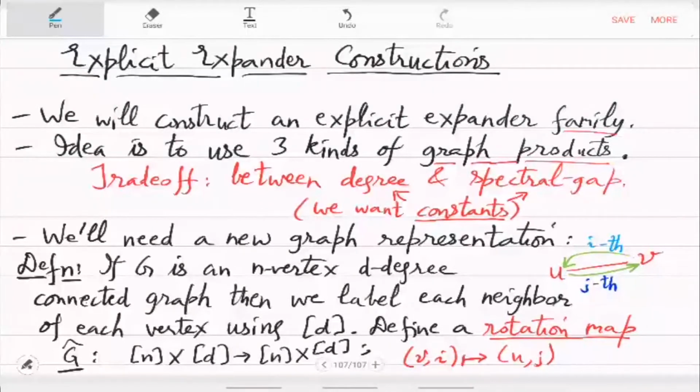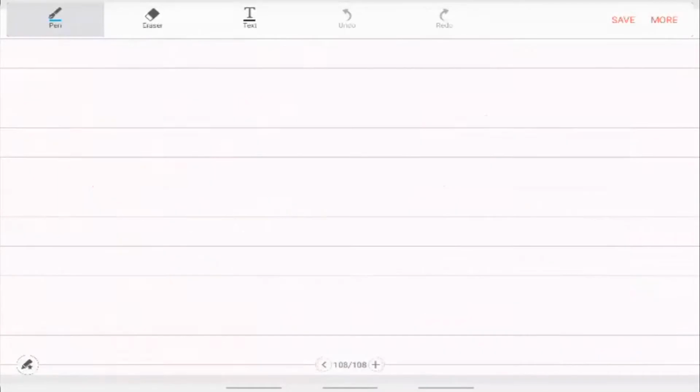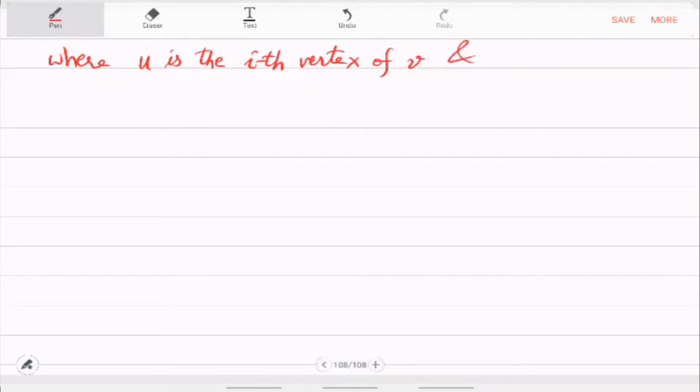All the four things will be related like this, and we'll think of (v, i) to (u, j) as a map on the domain n cross d, where u is the ith vertex of v, and v is the jth vertex of u.